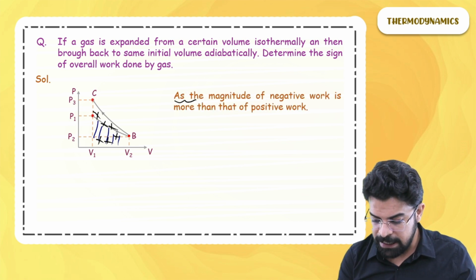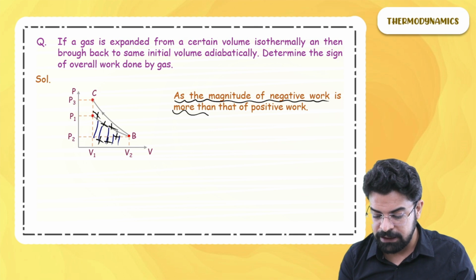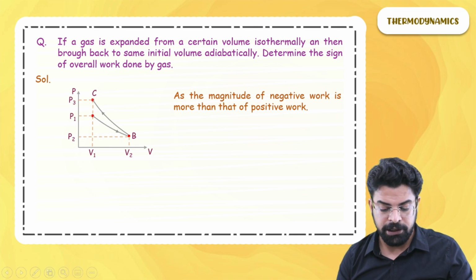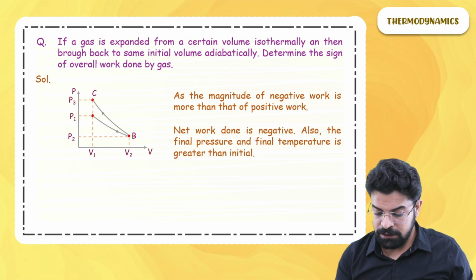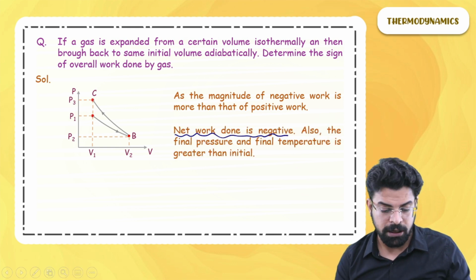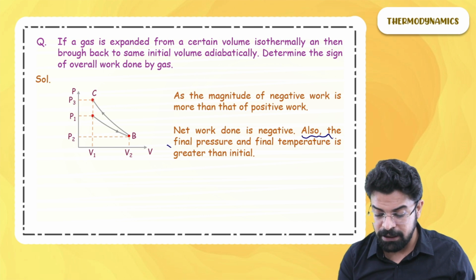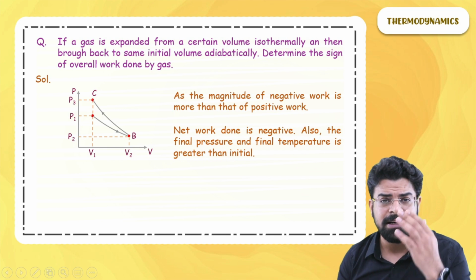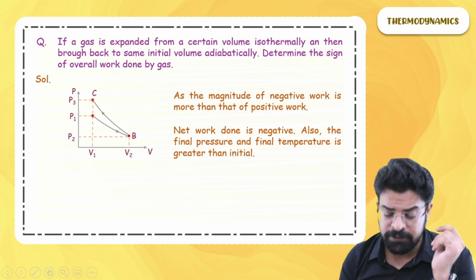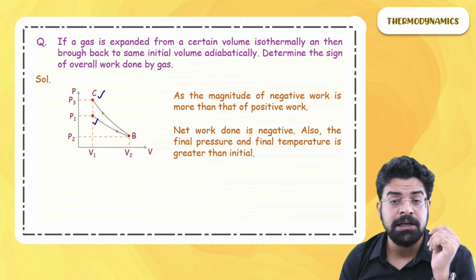As the magnitude of negative work is more than that of positive work, the net work done is negative. Also, the final pressure and the final temperature are greater than initial. This is distinctly visible from the graph.